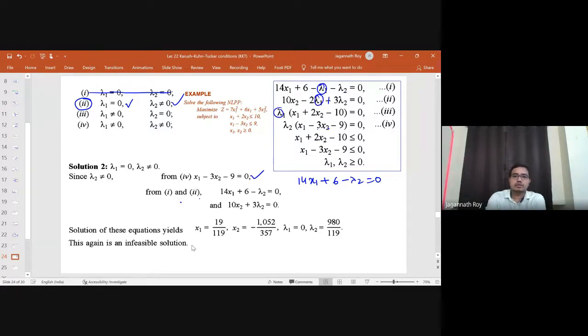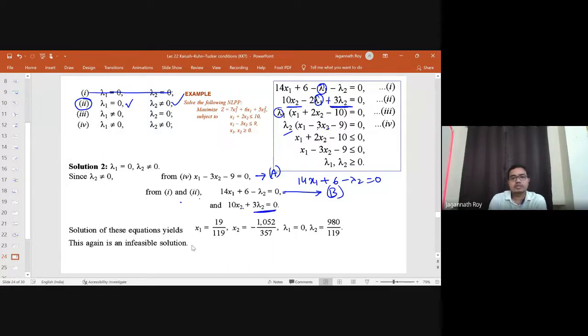Because of this, we are getting this equation, let us call it A. This is B. And for this one, we will have 10x2 plus 3 lambda 2.